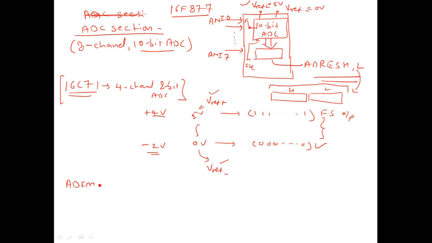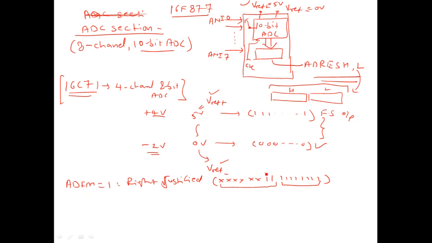If ADFM is equal to 1, then the result is right justified. The result that you get in this result register is right justified. That means the whole 10 bits will be stored from the right side. So here these initial bits will be don't care bits, and suppose all the bits are 1, then this is the higher byte, and then 1 1 1 1 1 1 1 1 in the lower byte.